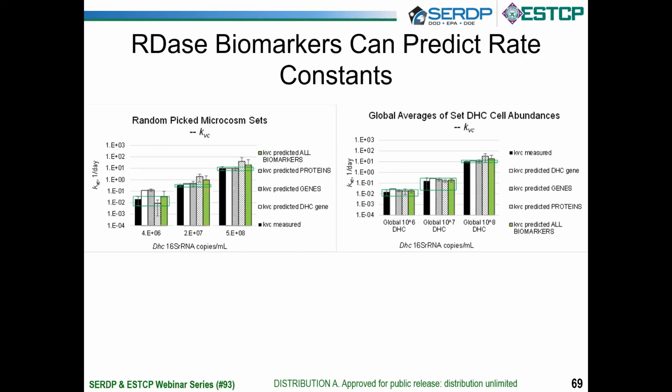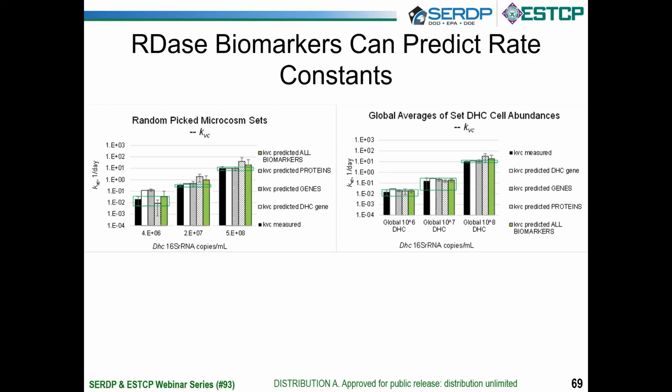And so the results for KVC, or vinyl chloride, are shown here. The black bar is the actual measured rate coefficient for that given data set, either randomly picked or the global average. And the green bar that surrounds all of the bars within a given set reflects the uncertainty around that measured rate coefficient. And the take home here is that regardless of how you test the data, either randomly picked or global, the gene abundances and the protein abundances do a pretty good job.